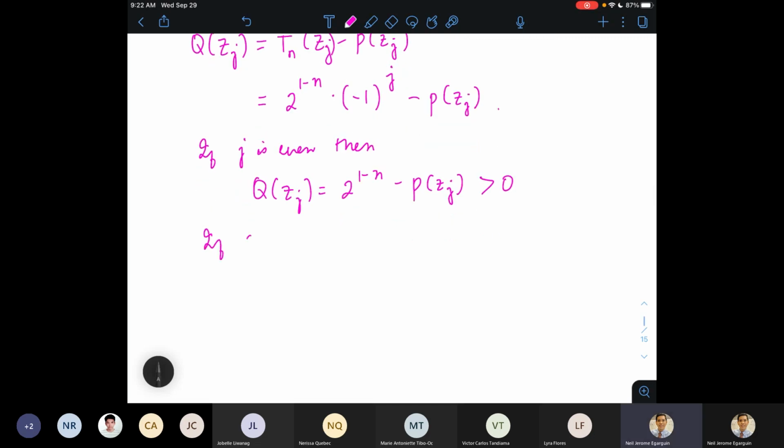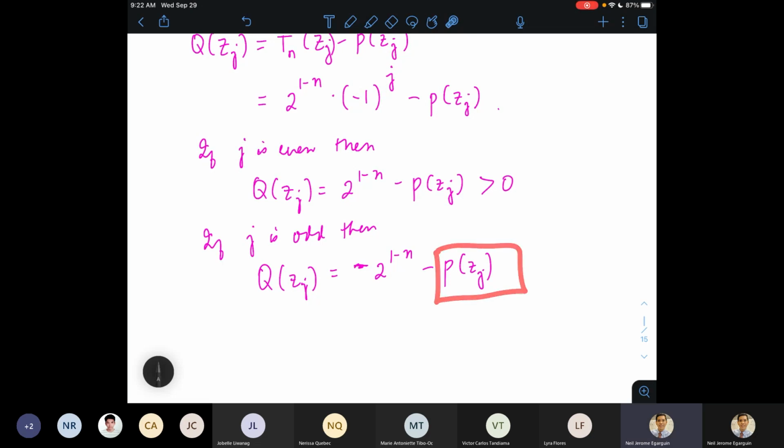And then similarly, if j is odd, Q of ζ_j equals negative 2 to the 1 minus n minus P of ζ_j. Okay. If P of ζ_j is positive, then this is automatically negative. All right. But if P of ζ_j is negative, we will have negative plus positive.